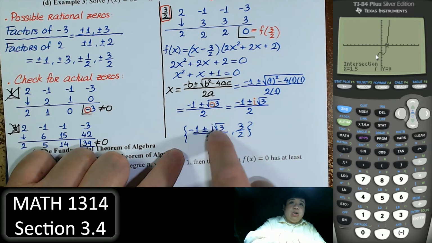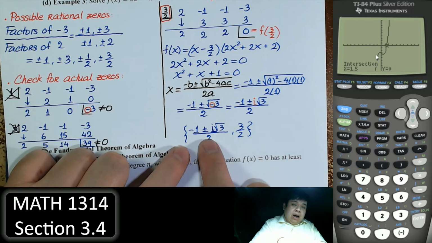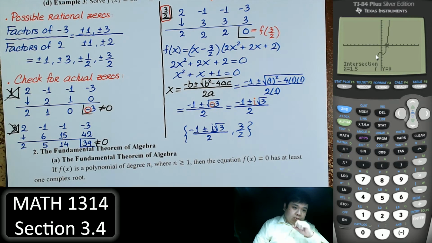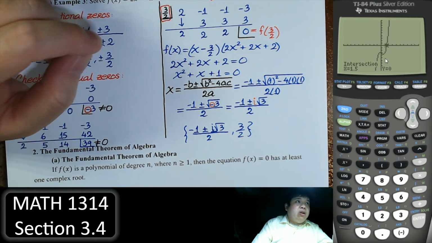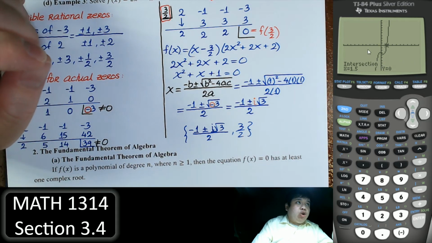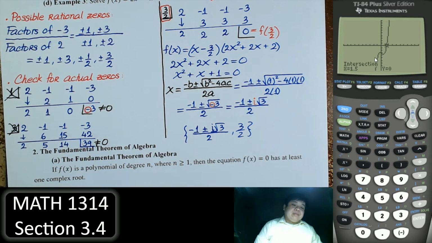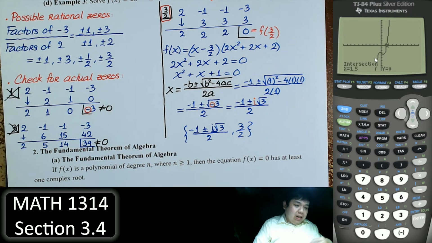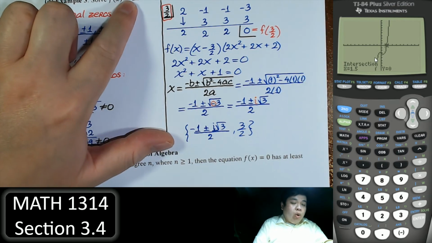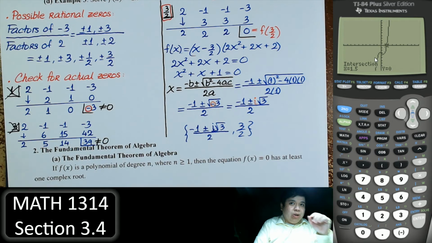The imaginary solution, though, of course, did not show on the graph because the x-intercepts only show the real zeros. Imaginary zeros will not show on the real number line, obviously. So once again, if it is a cubic equation, all we need is just one solution to get started.